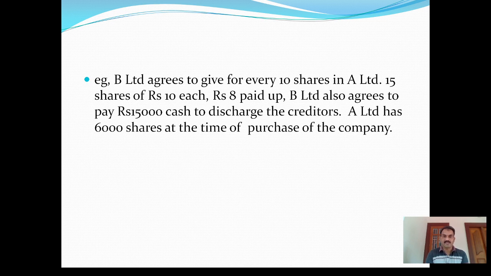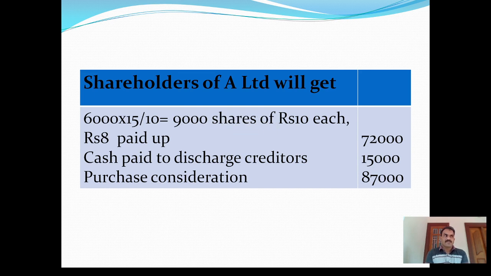The purchase consideration is calculated: 6,000 shares into 15 shares given instead of 10 shares, so 6,000 into 15 divided by 10 is equal to 9,000 shares of Rs. 10 each. It is given as Rs. 8 paid up. So 9,000 into 8 is equal to Rs. 72,000. And cash paid to discharge creditors is Rs. 15,000. So total purchase consideration will be 87,000.